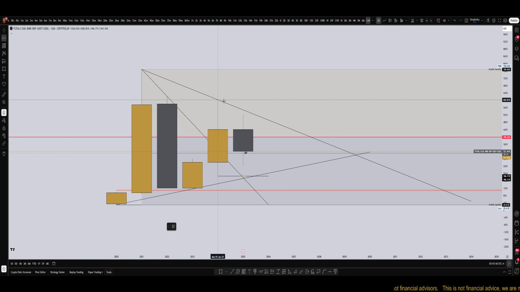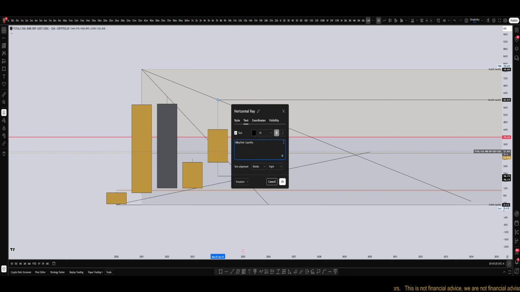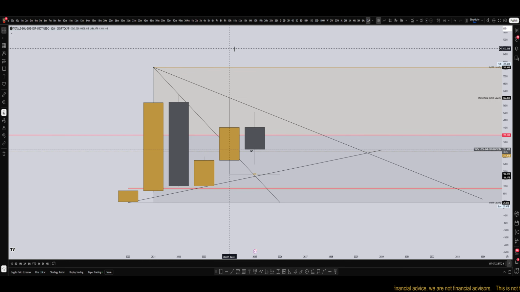Internal range BSL. I just came up with that name. Internal range buy side liquidity. This is the external range one. So this is of course external. Sorry, internal range sell side liquidity.